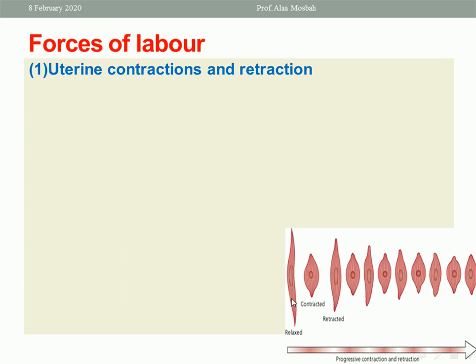If you see, this is a muscle fiber. After contraction, it looks like that, while during relaxation, it becomes in that size, and so on. As you see, there is a smaller size of the muscle fiber because of retraction. This is the only muscle of the body that has this character, being contracted and retracted.